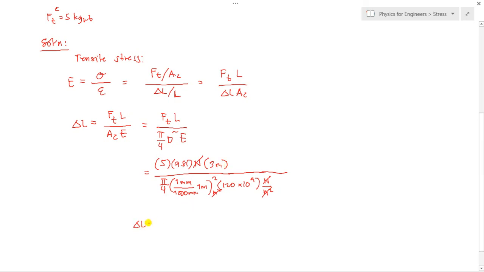So delta L is equals to, simplifying, that is 5 times 9.81 times 3 divided by pi over 4, then 1 over 1000 squared, then kana siya is 120 times 10 raised to the power of 9.